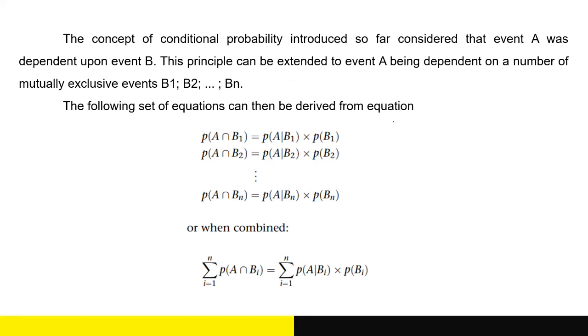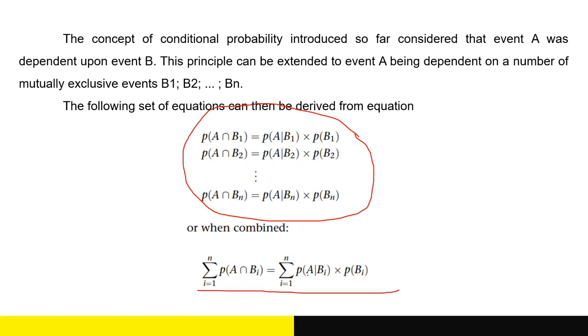The following set of equations can then be derived from the equation where A is always dependent upon event B. So when we combine this equation, it will yield this one, where the sum from i equals 1 up to n of the joint probabilities of A and each event Bi is equal to the sum from i equals 1 up to n of the conditional probabilities of A given each event Bi multiplied by the probabilities of those events Bi.